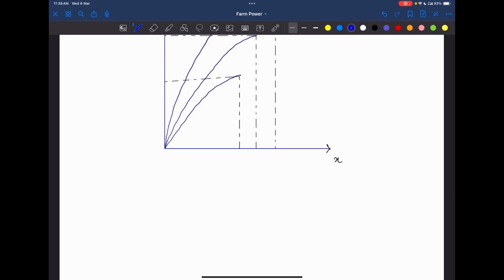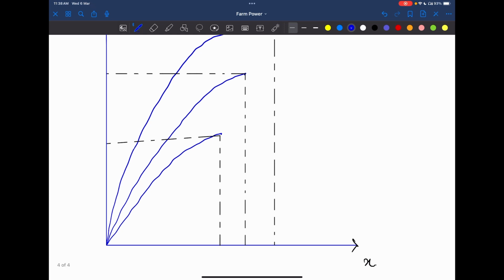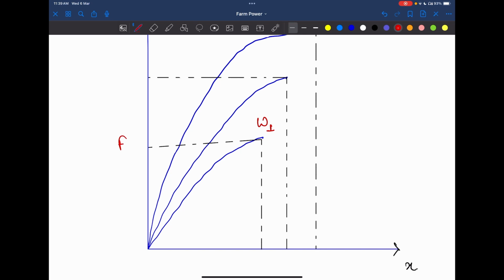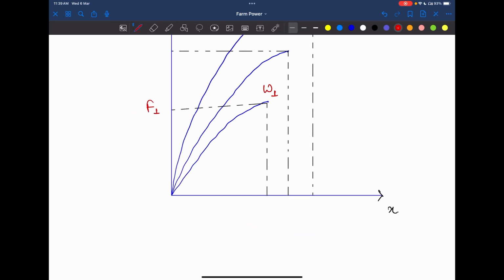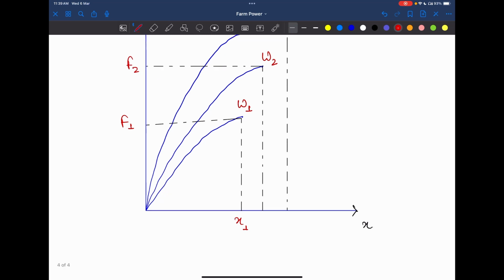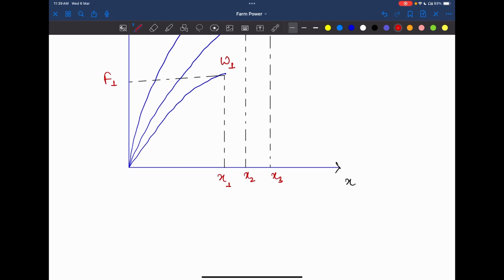So we make a graph putting F and X by changing the value of W. If you use W1 force, corresponding to that, if we apply F1 force, then we come to know that X1 is the deformation. Once we increase from W1 to W2, the force will also increase, and in that condition X2 increases as well. W3 gives X3.